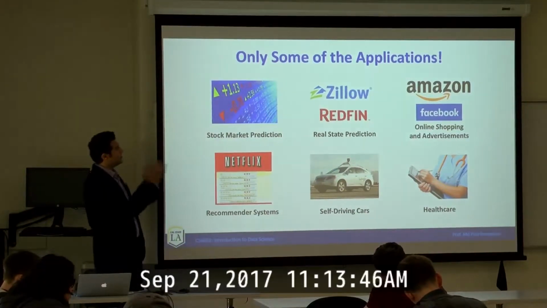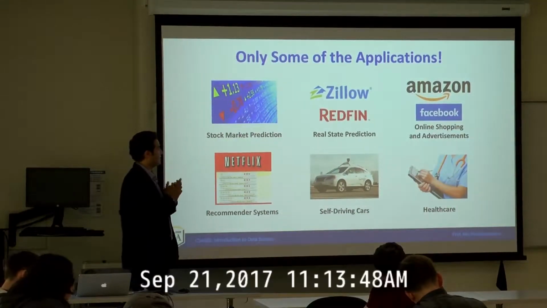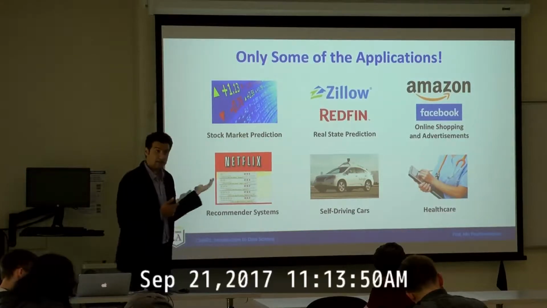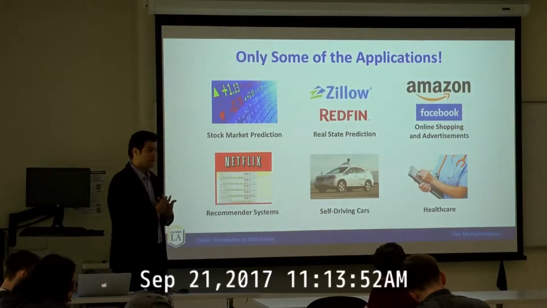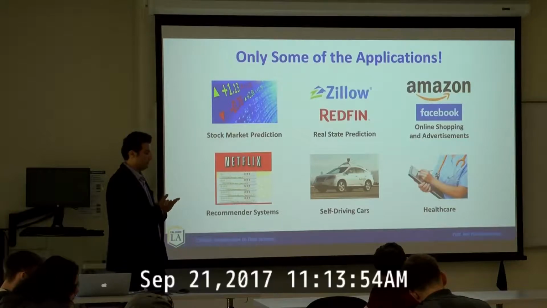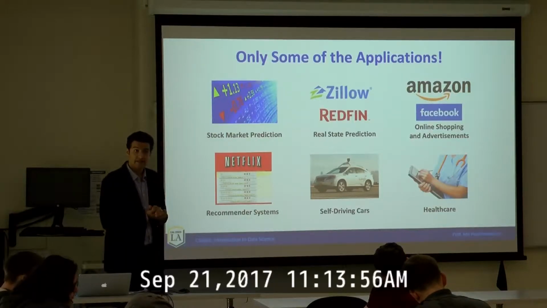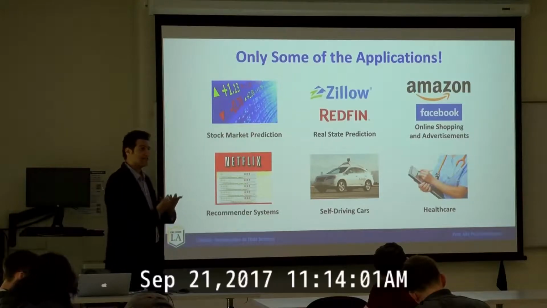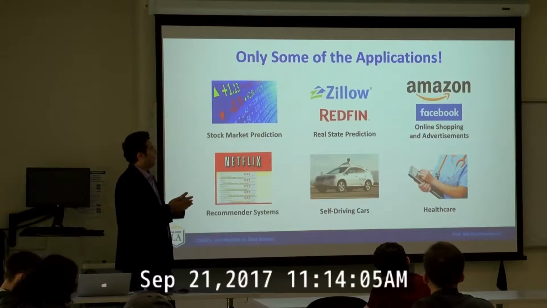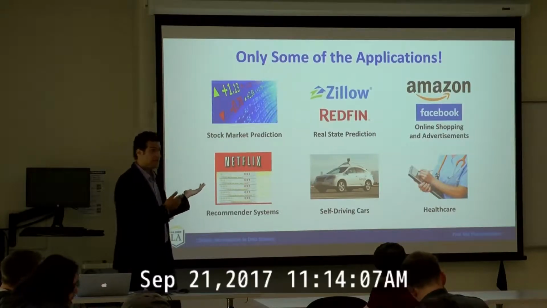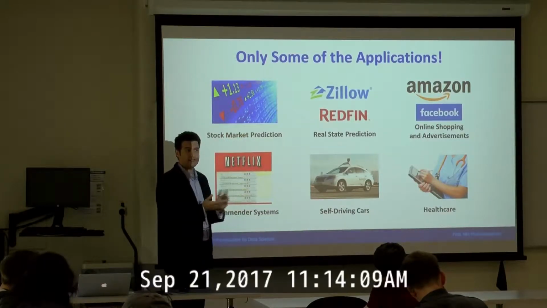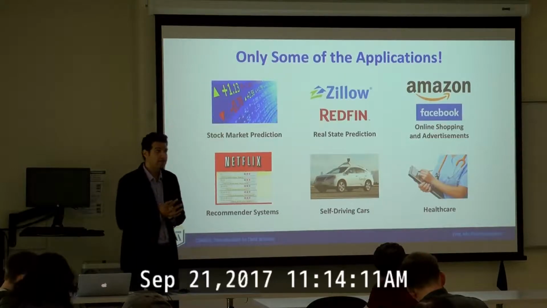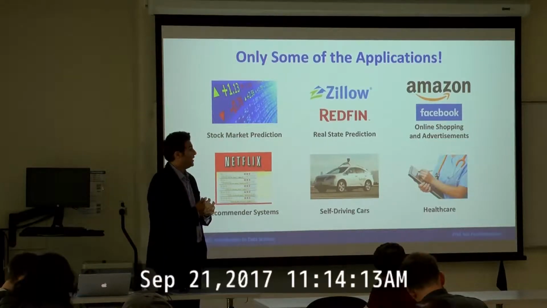And these are just some of the applications. Stock market prediction is a very popular field. There are many companies in New York City, on Wall Street, and many of them in San Francisco and Los Angeles that try to predict the stock market. Real estate prediction companies like Zillow and Redfin, as you know, are trying to predict real estate value.